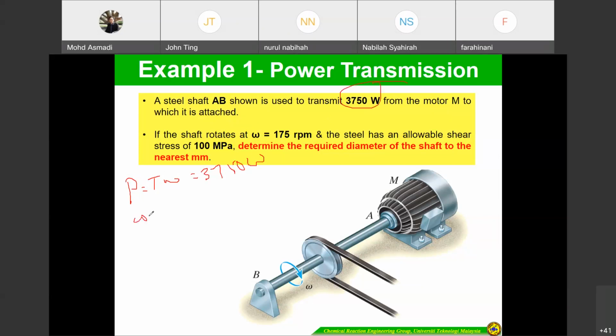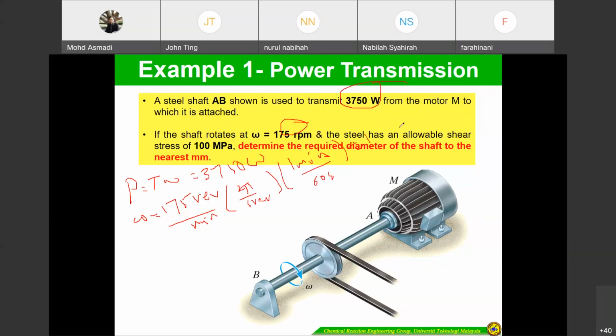Okay, omega is 175 rpm, so we have to change to radian per second. One revolution is equal to 2 pi radian, per minute, and then convert to seconds.